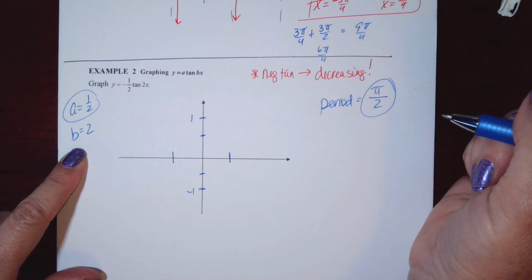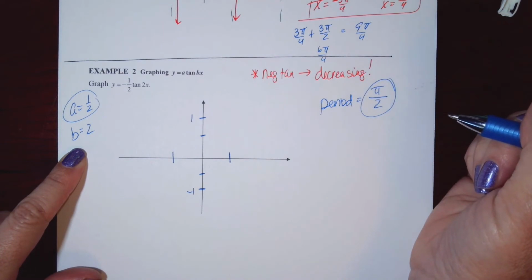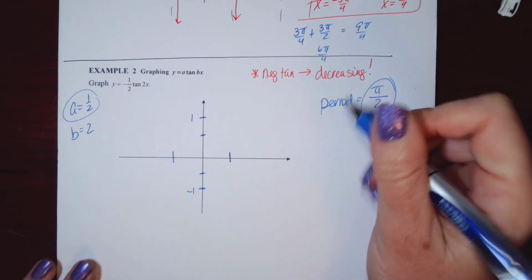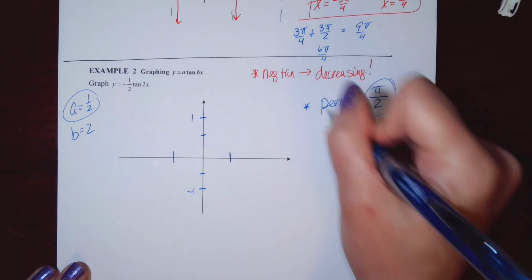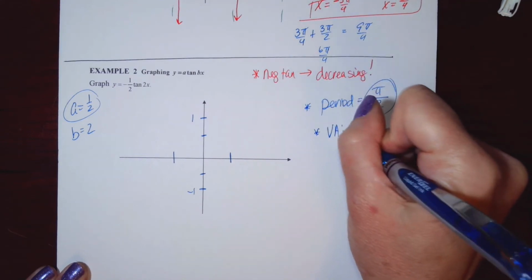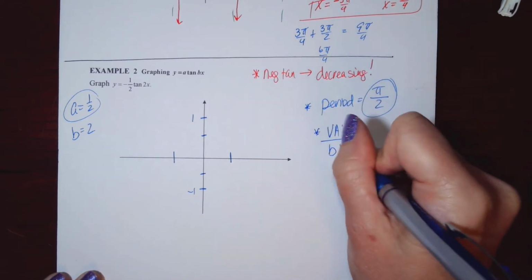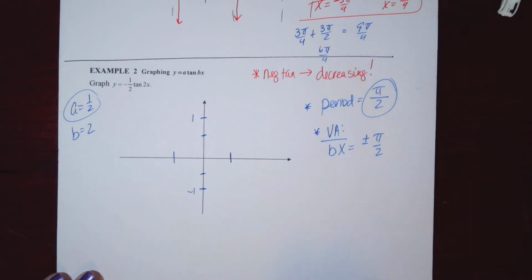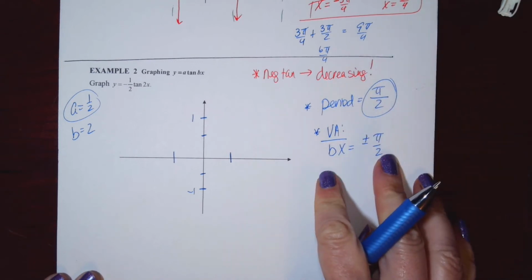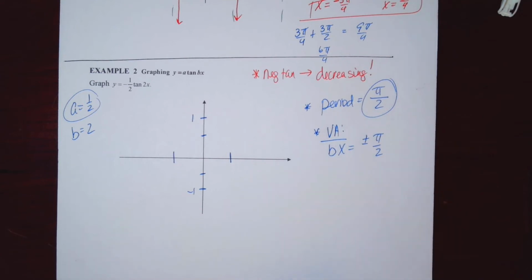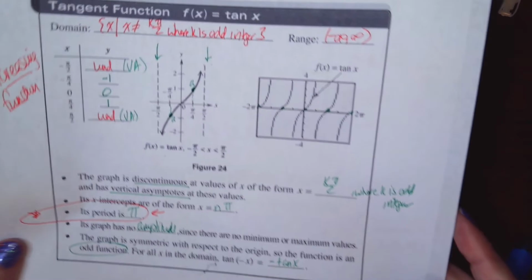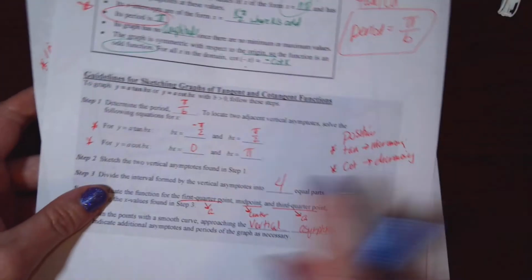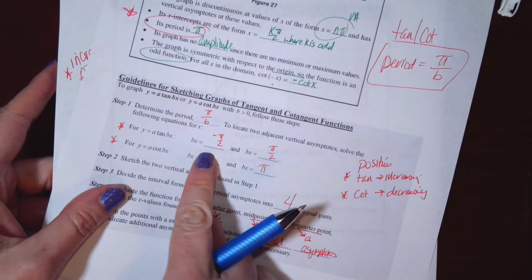Period is pi half. I need to figure out where my vertical asymptotes are. I'm going to start at bx equals positive or negative pi half because that's my starting place for my vertical asymptotes for tangent. Remember, we're told that our starting place for vertical asymptotes for tangent are at the positive and negative pi halves.